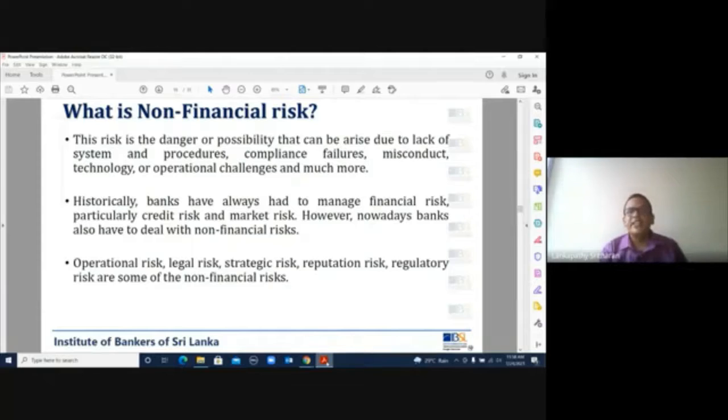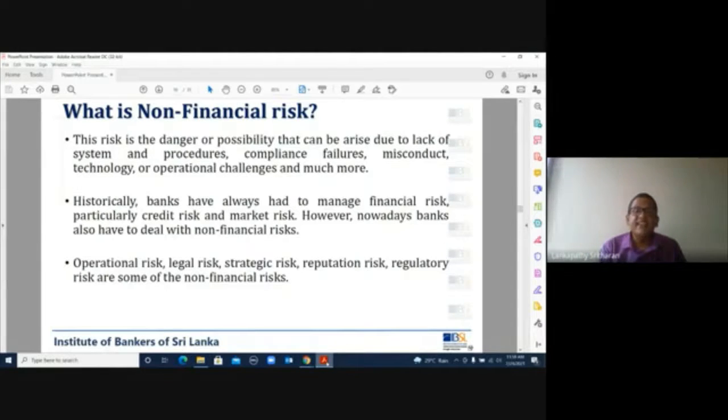After COVID-19, people are doing fund transfers, utility payments and most transactions online. So IT risk and operational risk, or non-financial risk, are getting much more important.